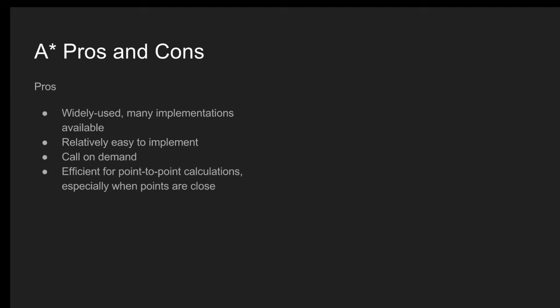And if the two points that you're trying to make a path between are relatively close, it's fairly efficient. Of course, the more complicated the map gets, the farther away the two points get, and the more points there are on the grid, there's an increasing cost in the processing for the calculation. So those are what I would say are the pros.